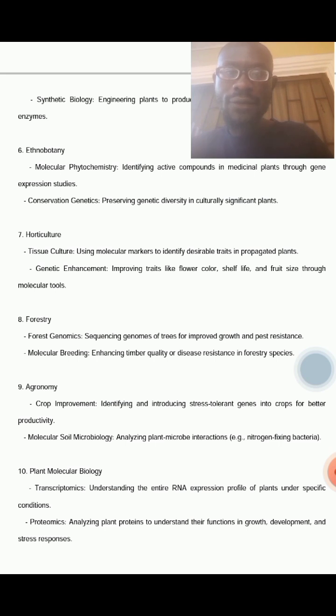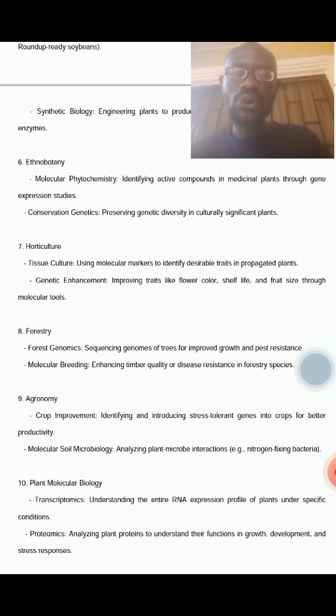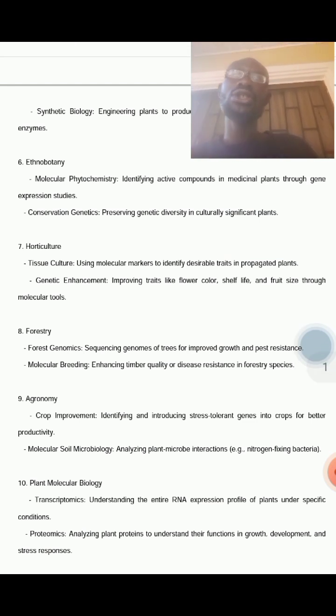So we also have horticulture. For horticulture, you can use what we call marker selection to identify the proper traits, or the traits that are useful in tissue culture experiments.